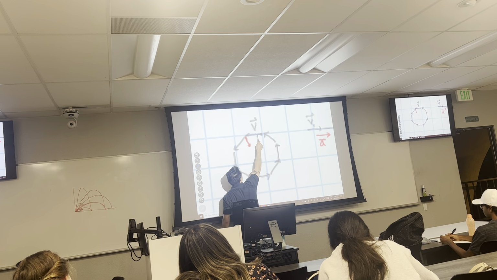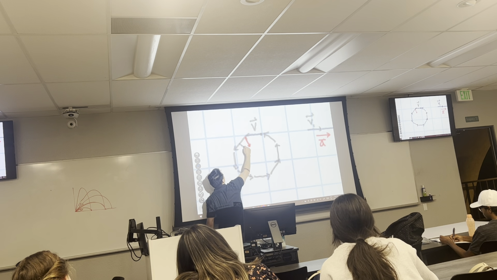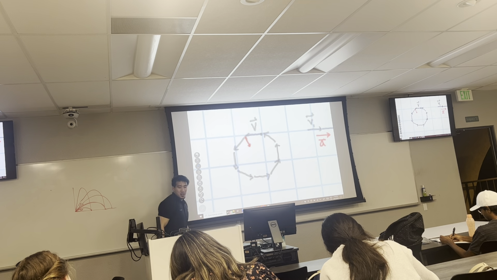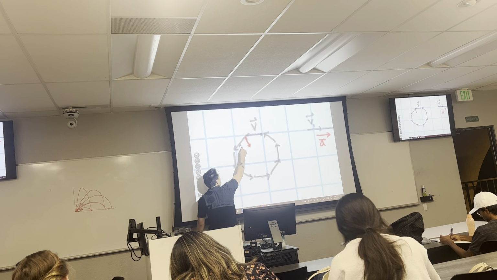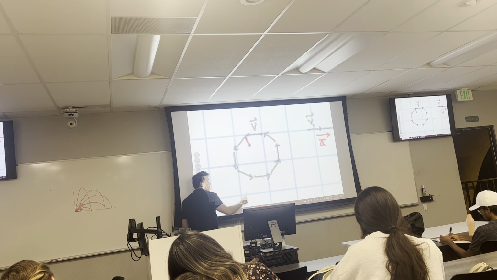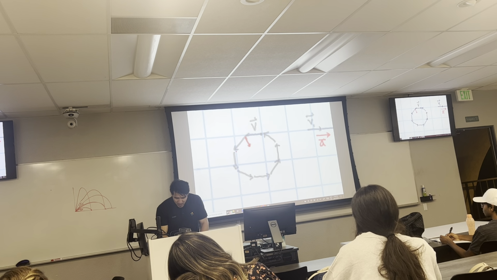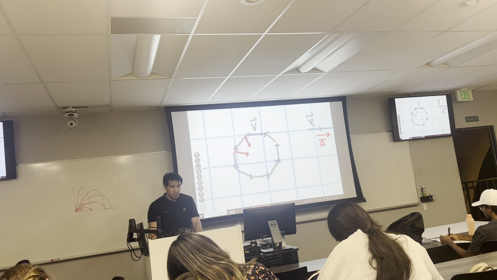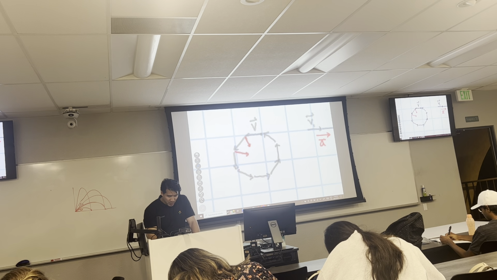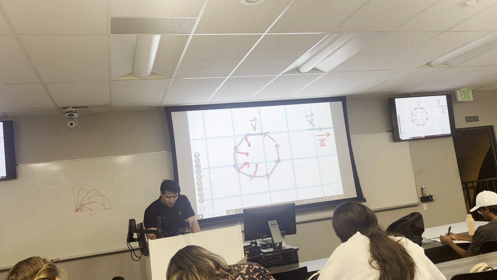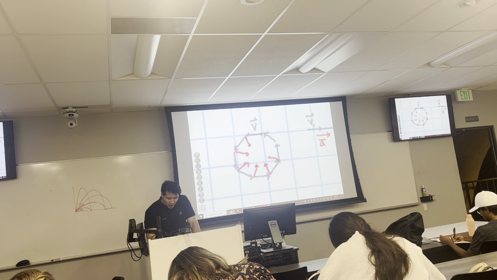So this vector plus that vector will give you now this vector. Well, what about between here and here? How do you go from here to here? You would have to add this vector. And likewise, for every other one, it'll look like this, like that, like that, like that, like that, and like that.